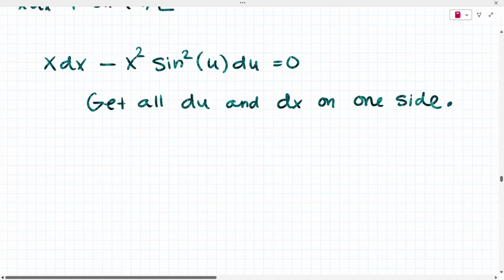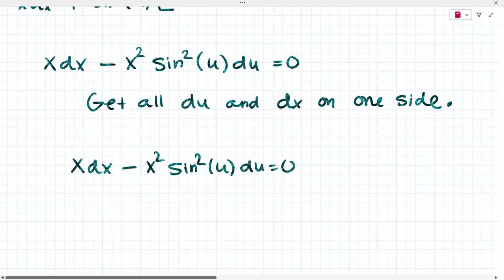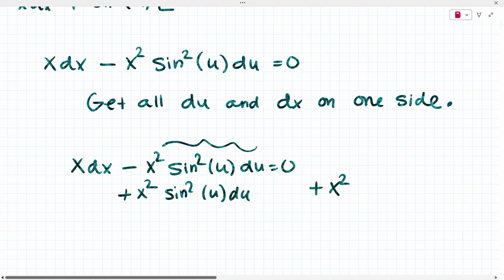Move x squared sin squared of u du to the right, so you add it to both sides.